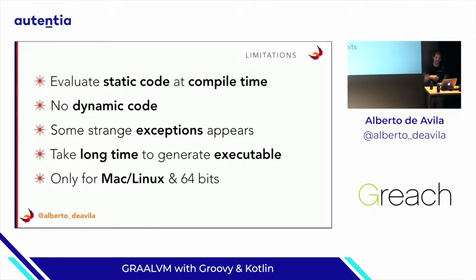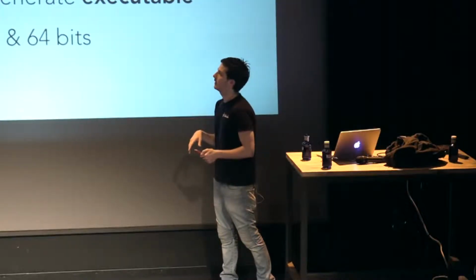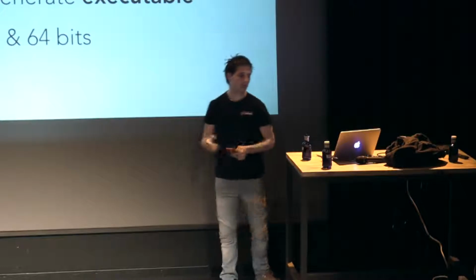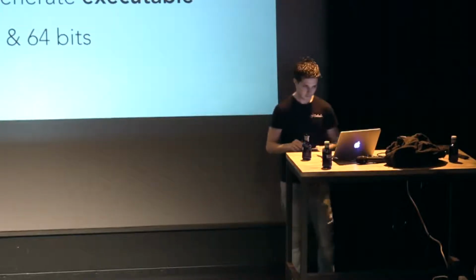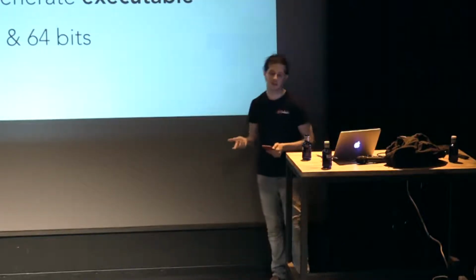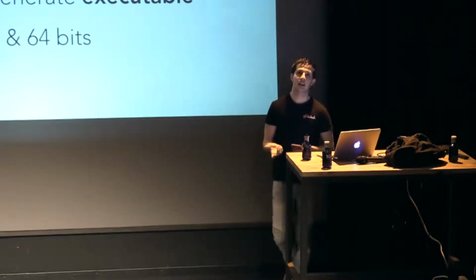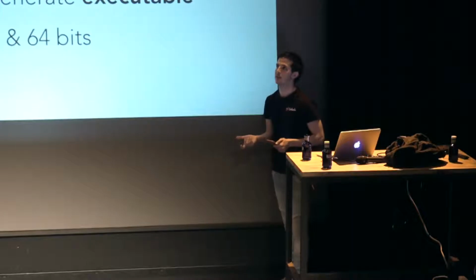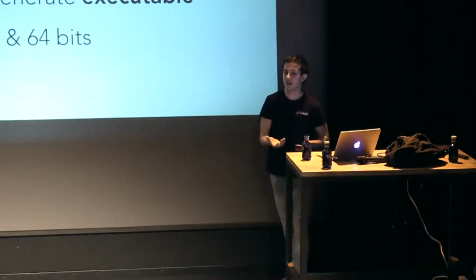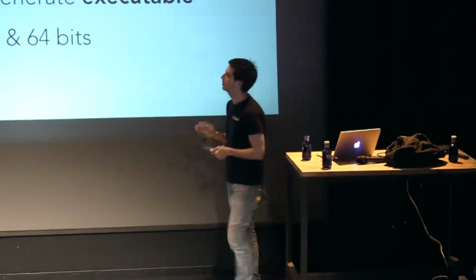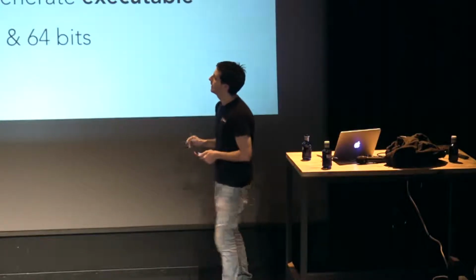As we saw before, but not only these ones. For example, in a project that I was working on, a Micronaut application written in Kotlin, it had different behavior between the normal runtime and the native image runtime. So be careful with that.